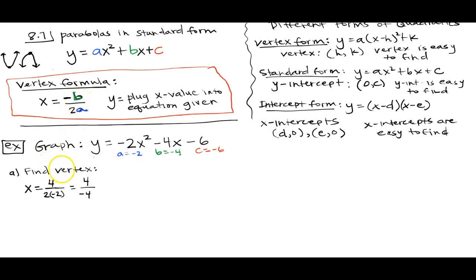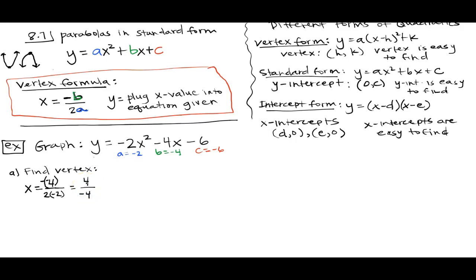You could write it down if it's easier for you: that negative, and then negative 4, because that's what our b was. So the opposite of negative 4 is positive 4. Does that help some?